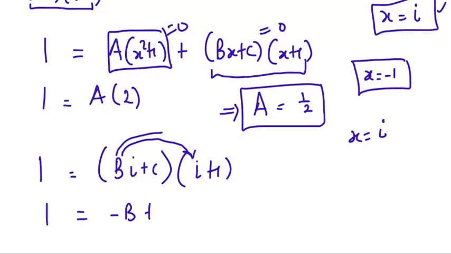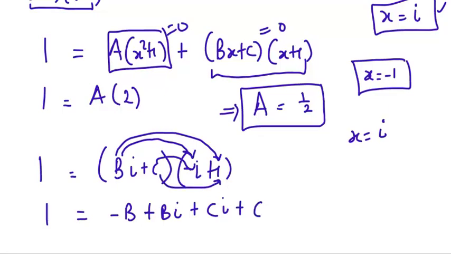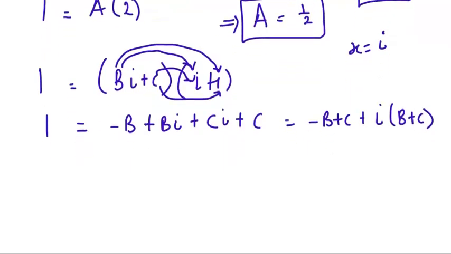Then plus bi times 1 will give us bi. Then this c times i will give us ci, and then plus c times 1 will give us c. So we group this as negative b plus c, and then plus i into bracket b plus c, right? And at the left hand side here, we can write that as 0i, showing the imaginary part, plus 1.